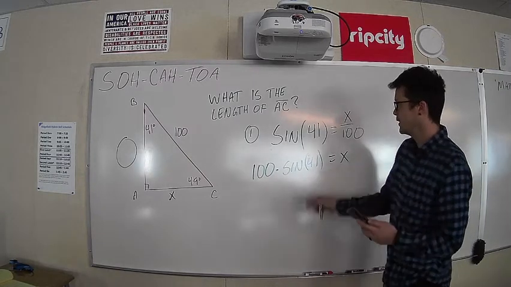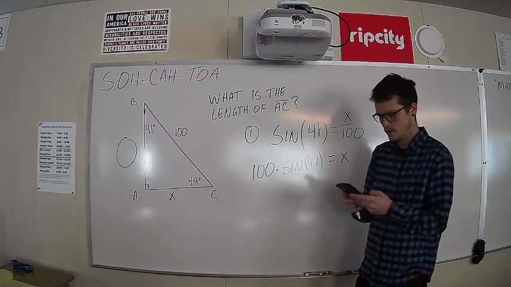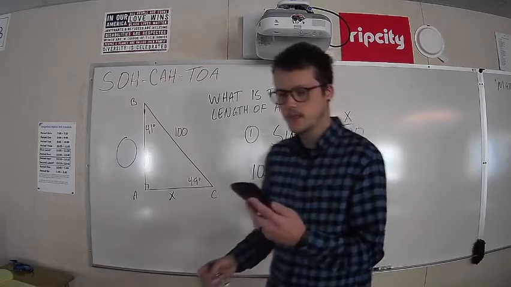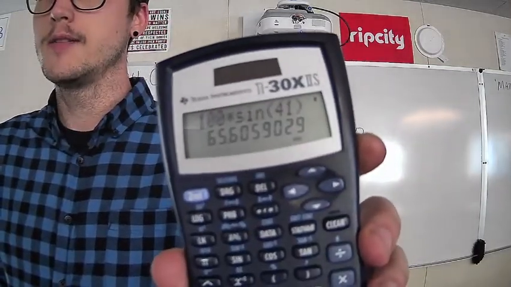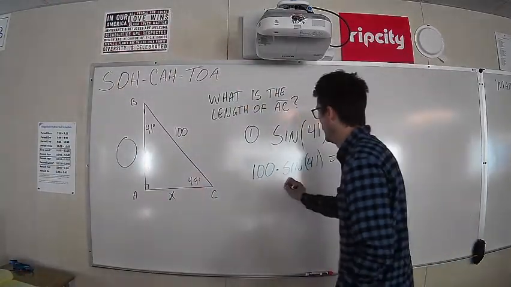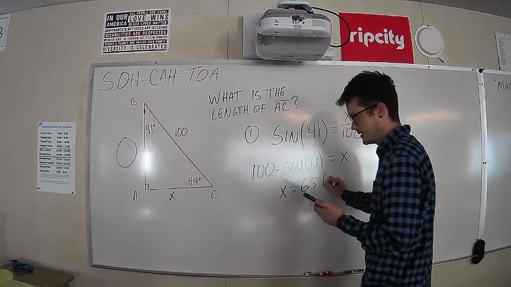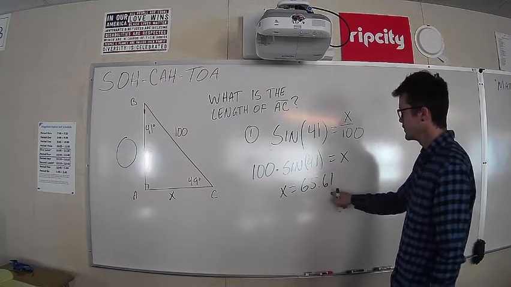Okay, so in my calculator, I'm just going to type this out: 100 times the sine of 41, close my parenthesis. And when I click equals, I get this cool number, 65.6, and I'll go one more digit, 65.61. So X equals 65.61.